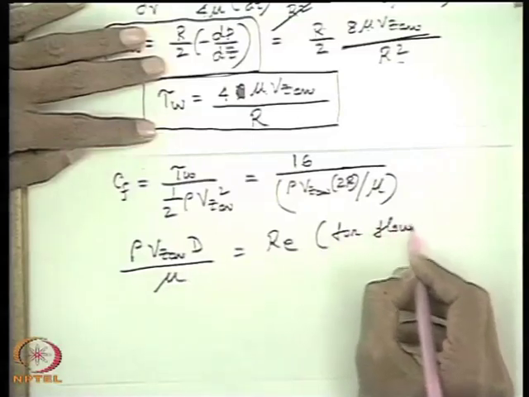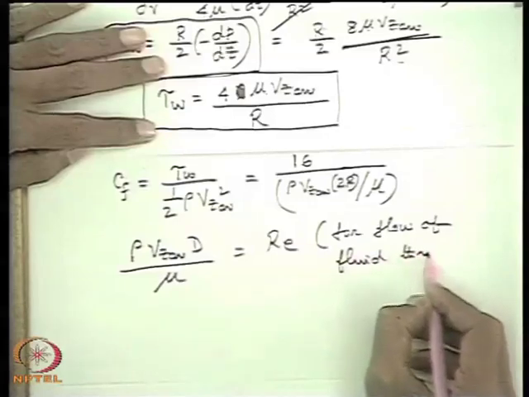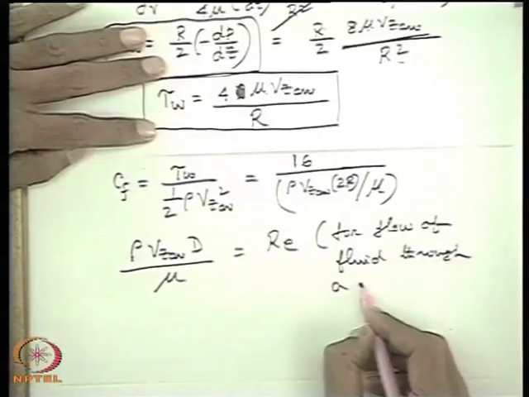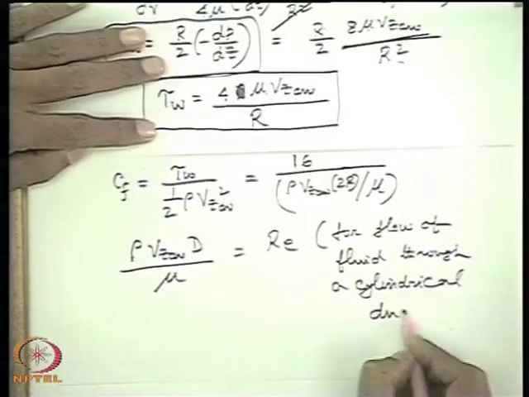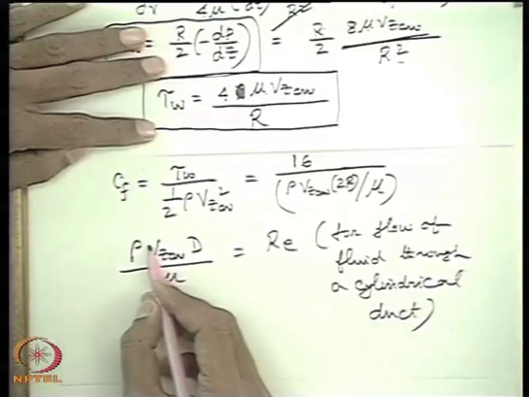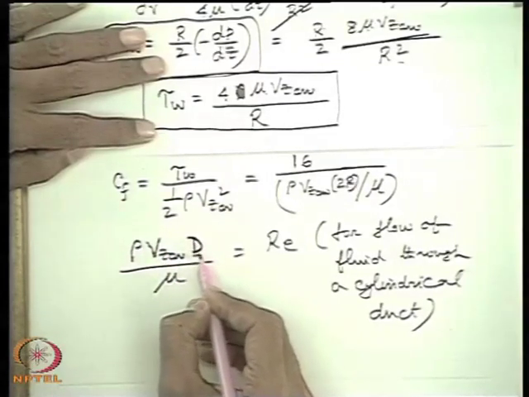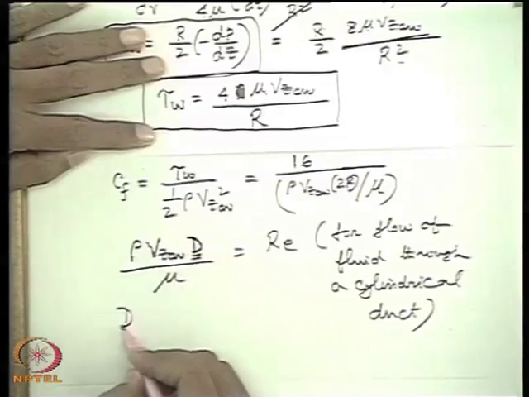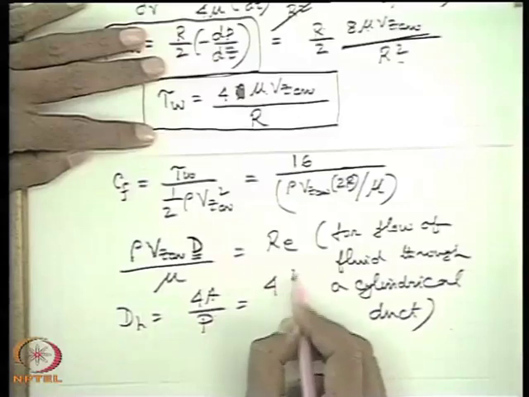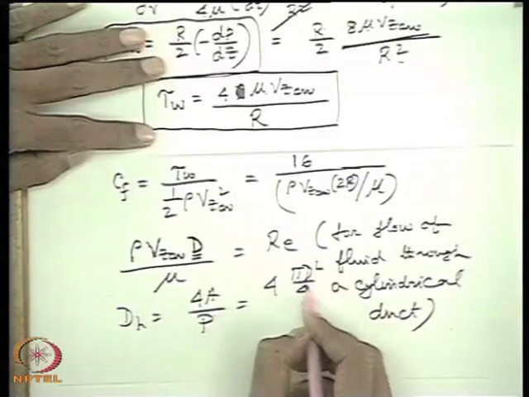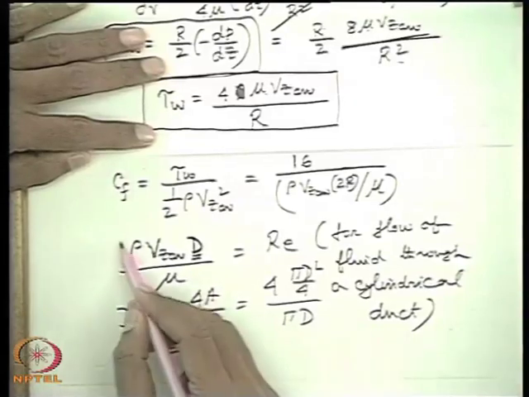through a cylindrical duct, circular cross section. The Reynolds number is defined with rho, the characteristic velocity Vz average, that is flow rate by cross sectional area, times the diameter of the tube, which is the hydraulic diameter, Dh equal to 4A by P, cross sectional area by wetted perimeter, 4 into pi D square by 4 divided by pi D. So it is simply D. This is the definition of Reynolds number.